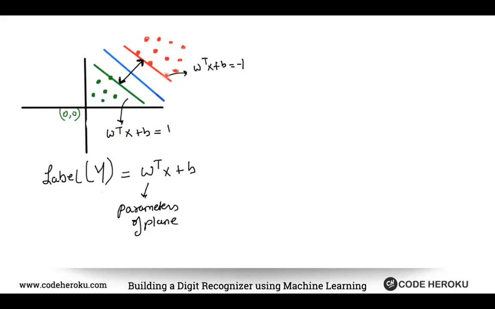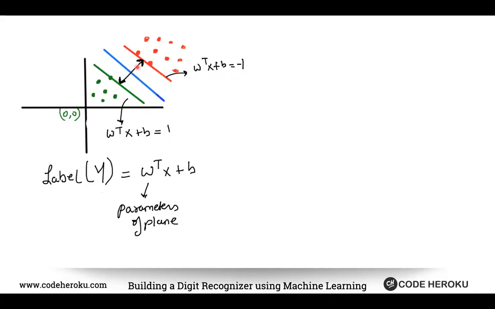We are interested in finding these two lines, the green line and the blue line, such that it is at a constant distance away from this blue line. So imagine that when you were in school, your teacher would ask you to stand at one hand distance. So everyone would spread out their hands. This is what the blue line is trying to do.